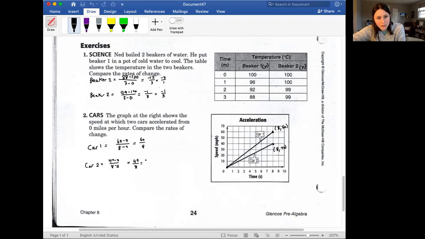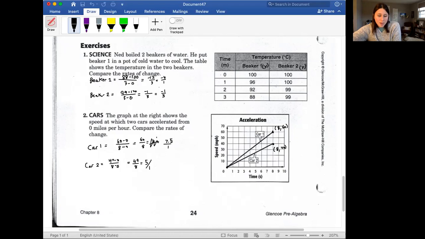And this would be 5. This one I need to calculate. It would be like 7.5. Let me write it just as a decimal. 7.5 over 1. Okay, this is 5 over 1.